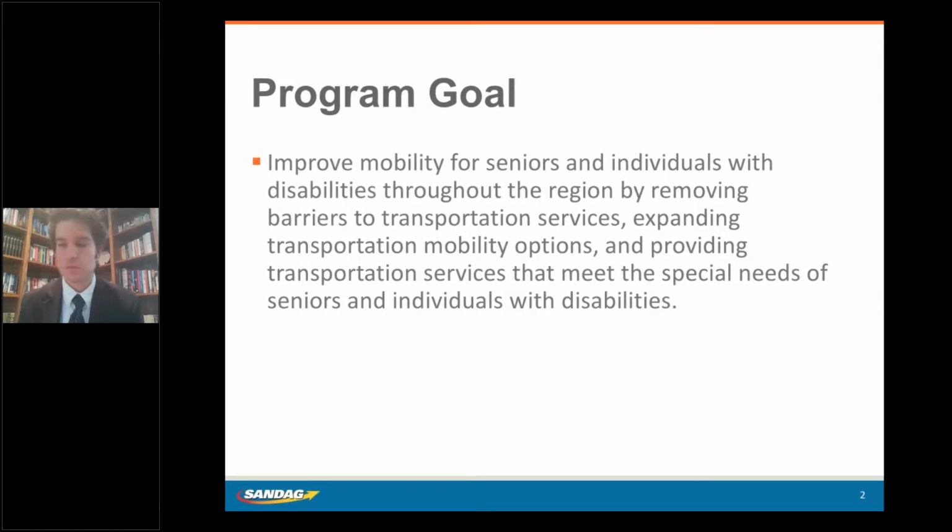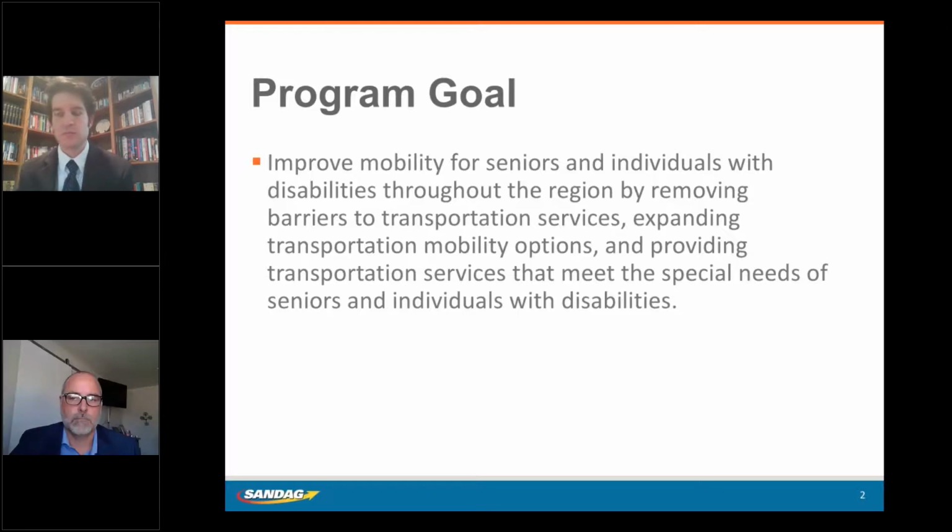I guess what I'm looking for is, I'm imagining if there are, for example, 300,000 disabled people in the county of San Diego, and I'm just making up a number. Is there any effort to say, okay, what percentage of those 300,000 people are aware of these programs? What percentage of those are interested in these programs? And then what percentage of the people who are interested in these programs are we actually serving?